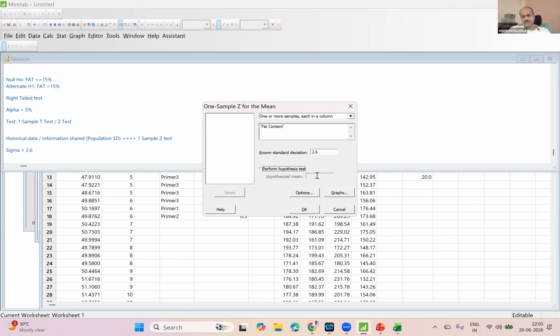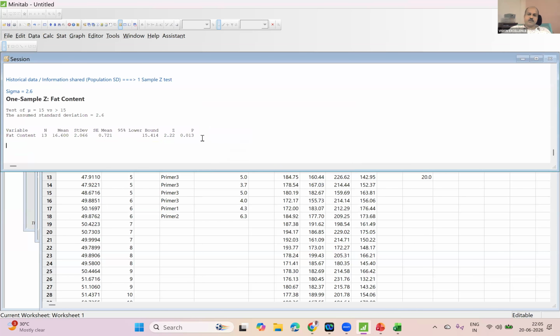Now perform the hypothesis test. What is the fat content? 15 or below. Option 95% confidence level. It's a right tail test. Okay. Look at the p-value and tell me. P-value is how much? Below 5%. So what should I do?